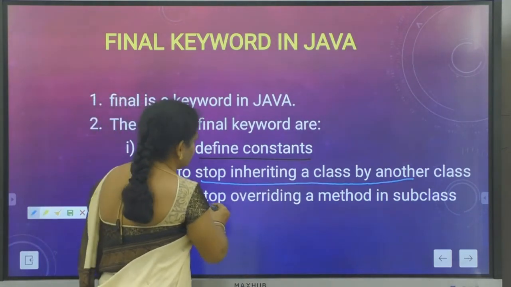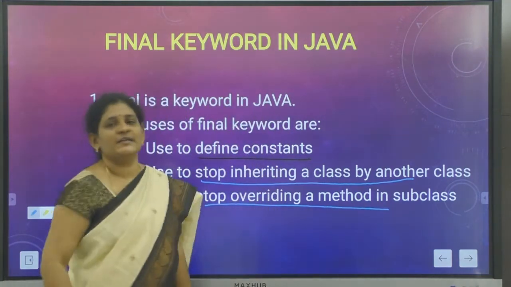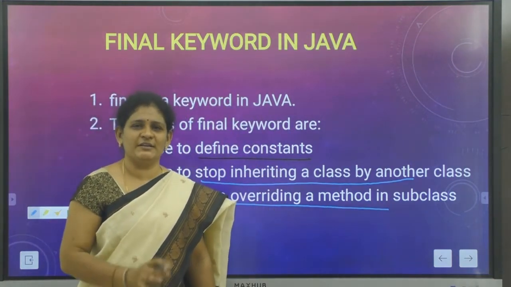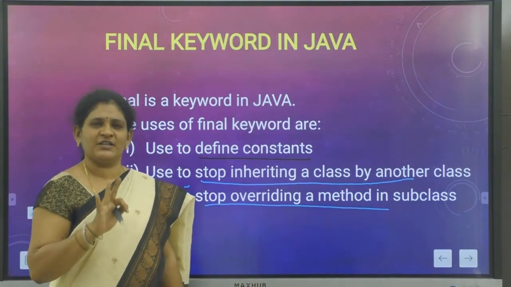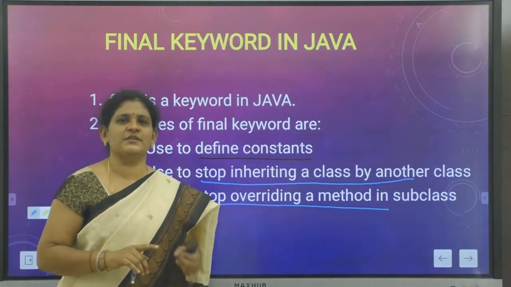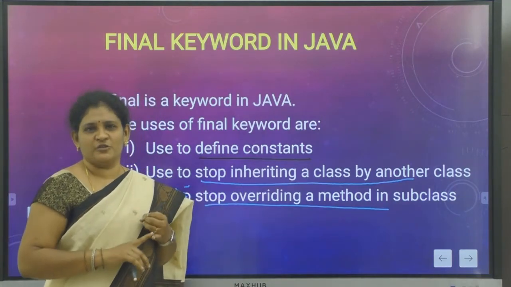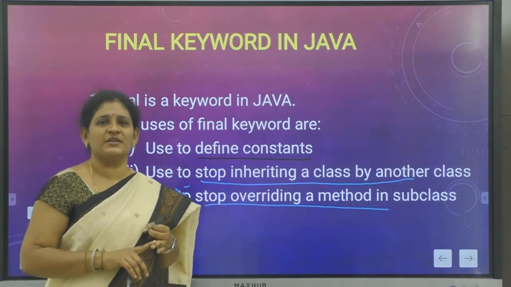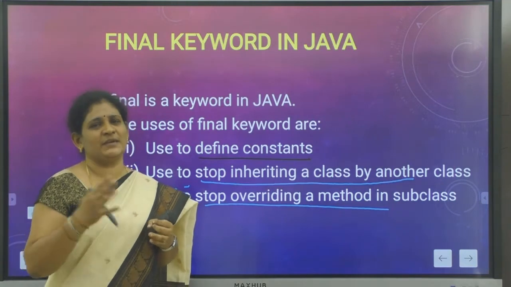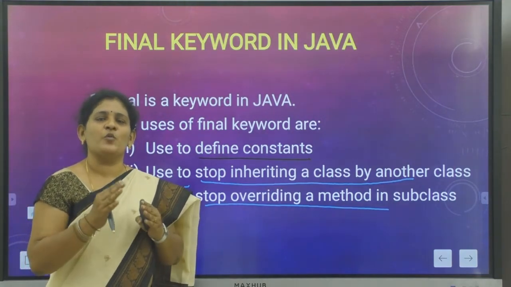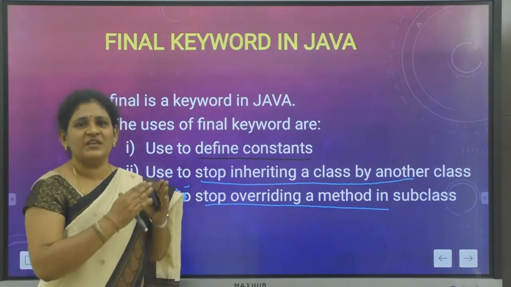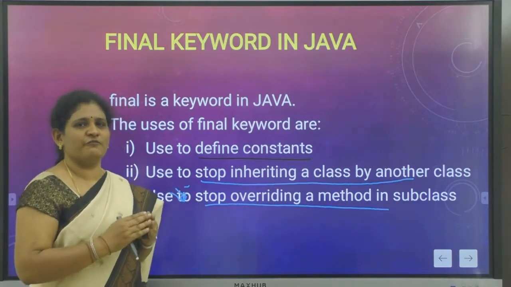What are the three different uses of the final keyword? The first is to define constants in Java, the second is to stop inheriting a class by any other class, and the third is to stop overriding a method in the subclass.